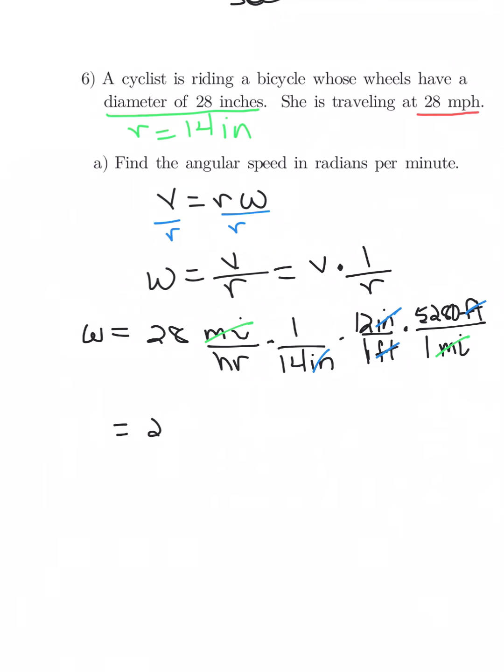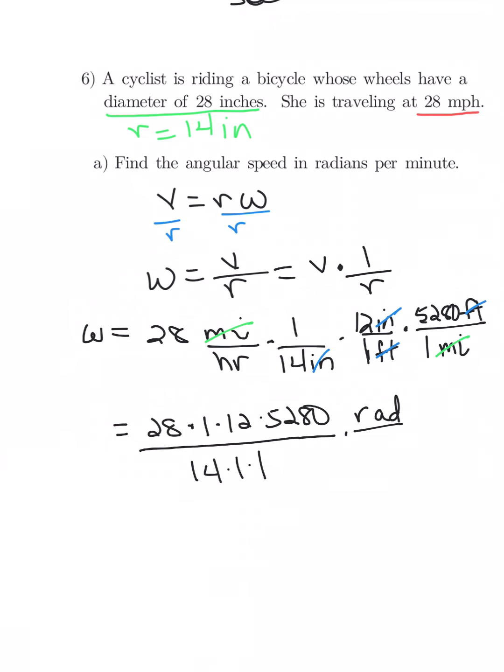We have 28 times 1 times 12 times 5,280 for numbers in the numerator. In the denominator, number-wise, we have 14 times 1 times 1. If we look at our labels, we have no more units of length. So we are into radians.